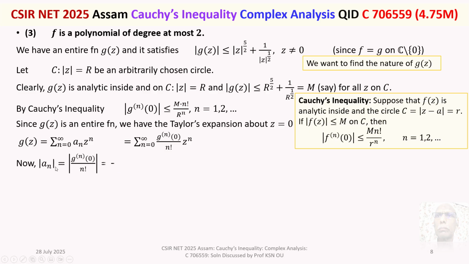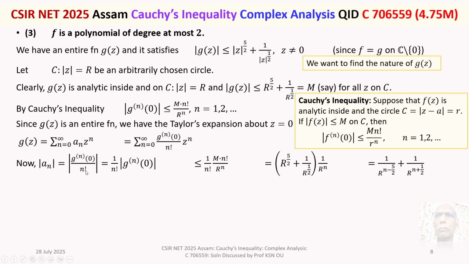Now, modulus of a n is 1 by n factorial into modulus of the nth derivative of g at 0. And the modulus of the nth derivative of g at 0 is less than or equal to M into n factorial by R to the power n, true for all n equal to 1, 2, and so on.